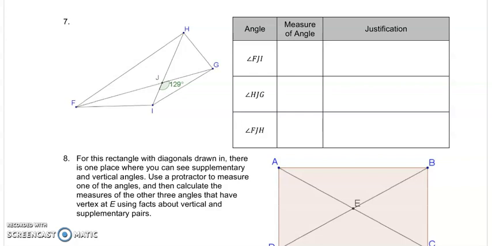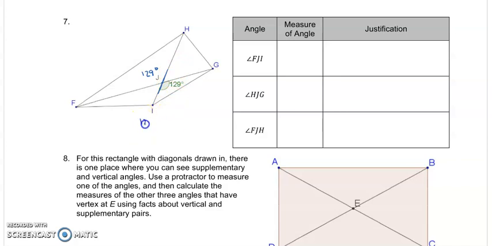So if we use what we learned in our last video, we can see that these two angles are vertical angles, and we know that vertical angles are congruent. We also see that these two angles right here form that nice straight angle again, which means that they add up to 180 degrees.